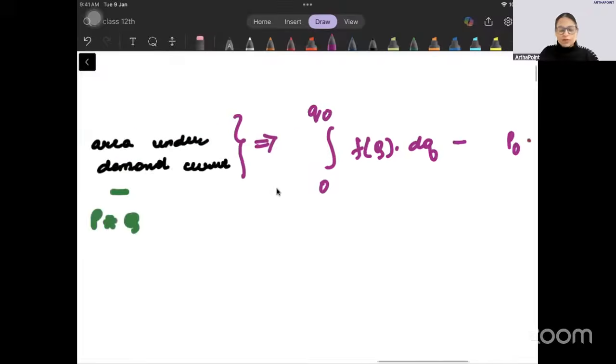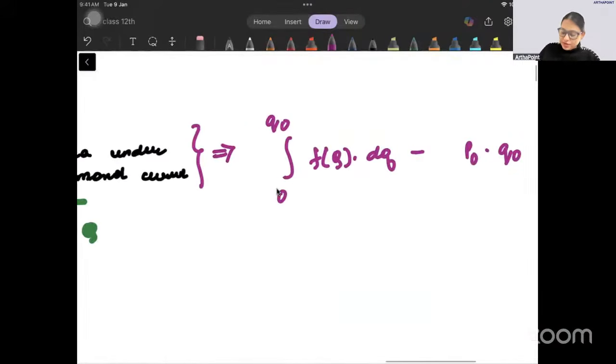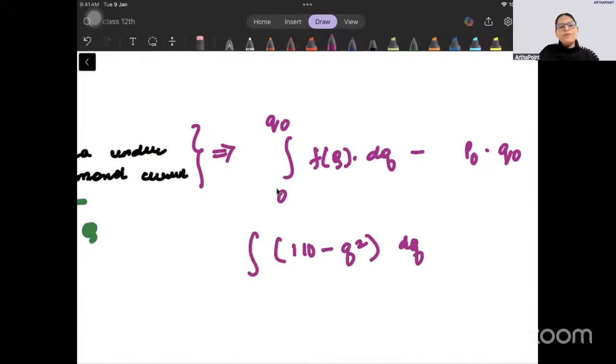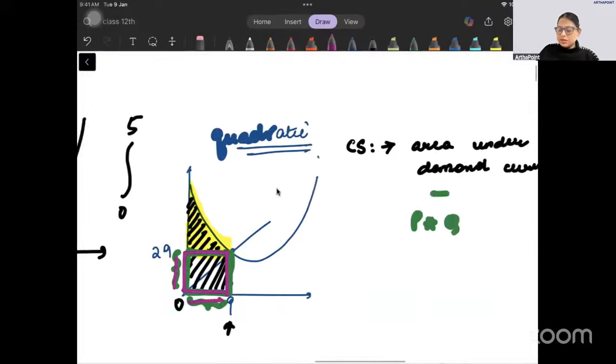What is the equation of the demand curve? That is what is given to you, 110 minus Q square. So I will integrate 110 minus Q square. What is the quantity? From 0 to 9 units. Minus, what is the price? 29. What is the quantity? 9.